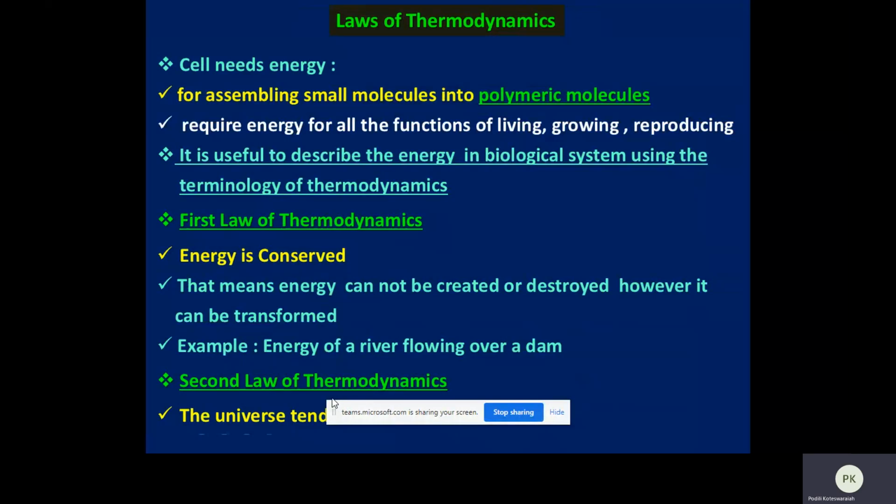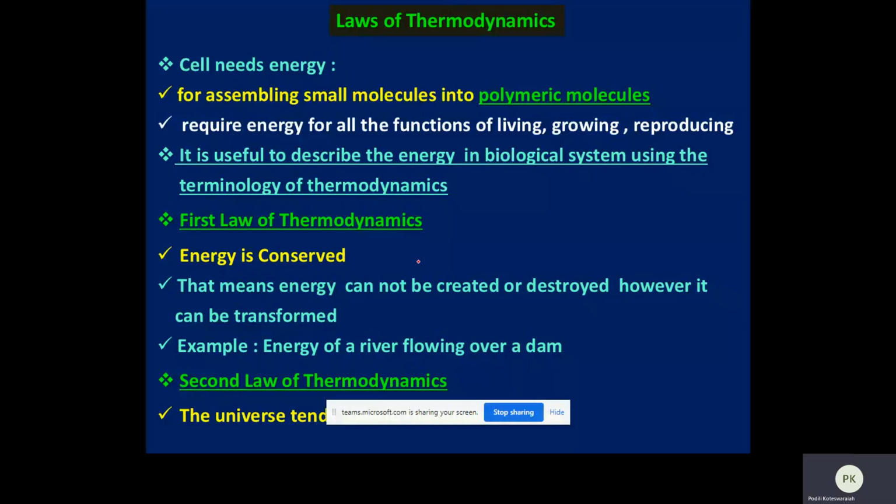According to the first law of thermodynamics, energy is conserved, so it cannot be created or destroyed. It can only be transformed from one form to another.